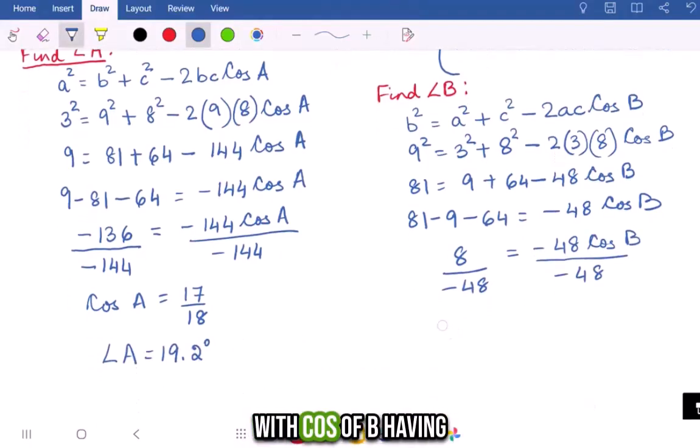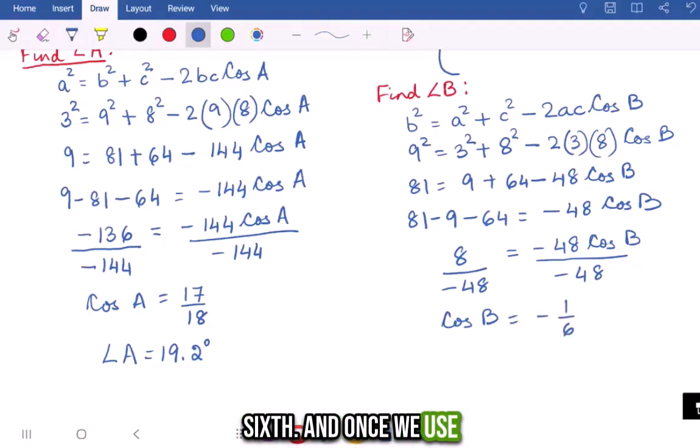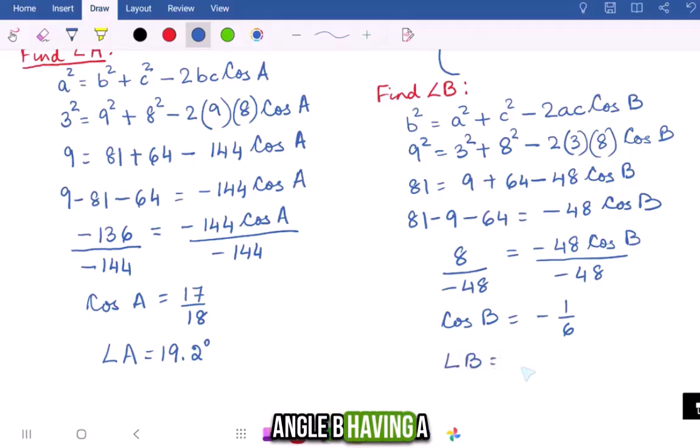We end up with cos of B having the ratio negative 1/6. And once we use the arccos function on our calculators, we will come up with angle B having a measure of 99.6 degrees rounded to the nearest tenth of a degree.